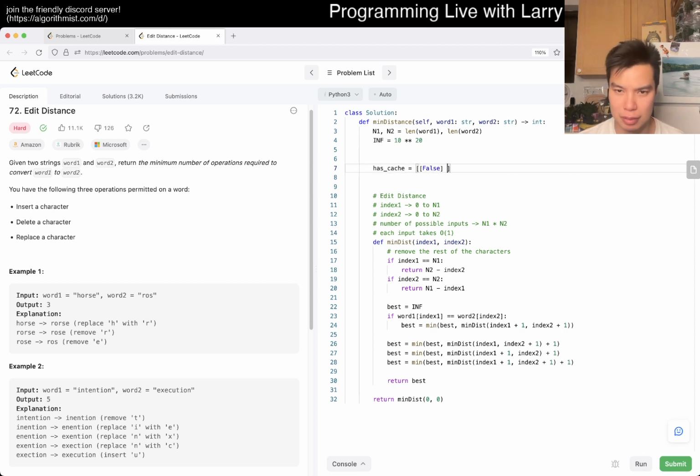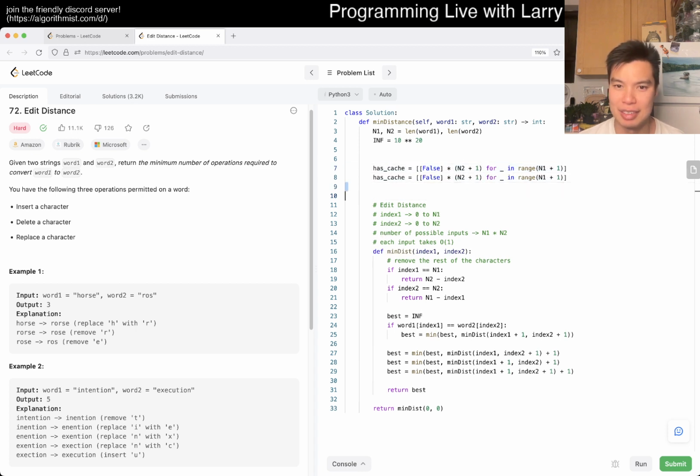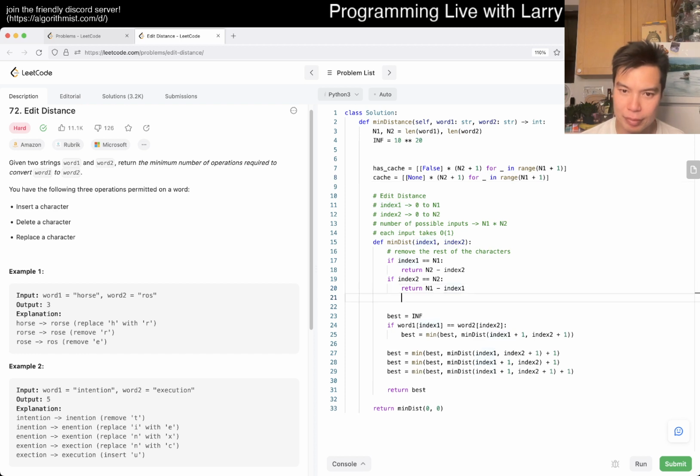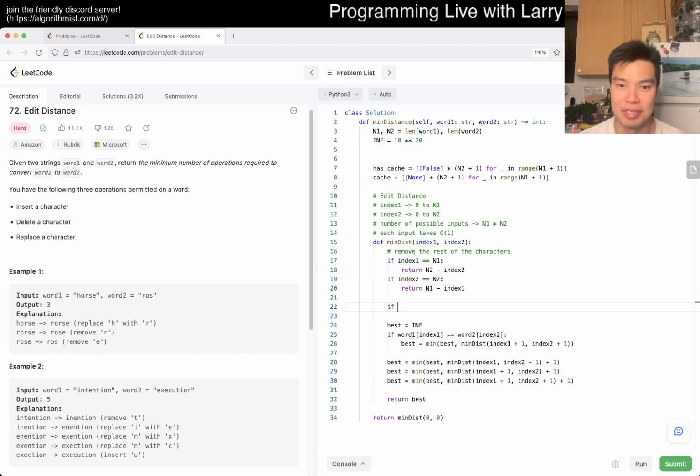The order is always hard for me in Python, I always have to think about it a little bit. I think technically I don't need this, but I always like to do it just to be a little bit safe. And now we can check the cache.